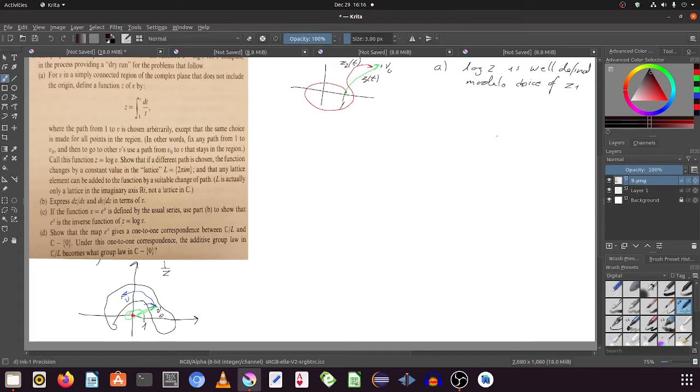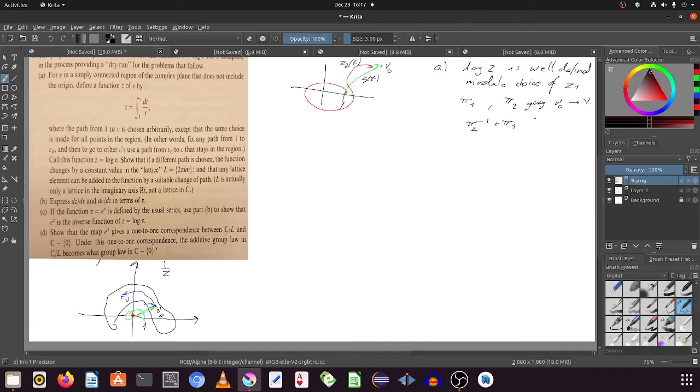If we have two paths going from v naught to v, path 1 and path 2, then combining them, I don't know how you combine paths, let's add them.